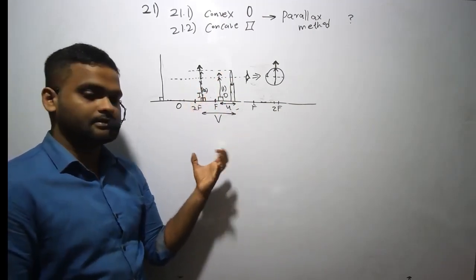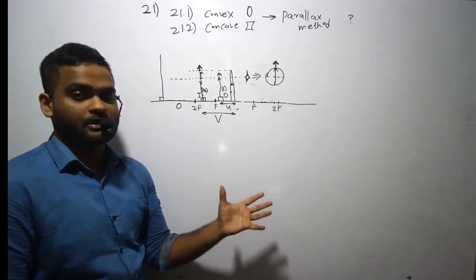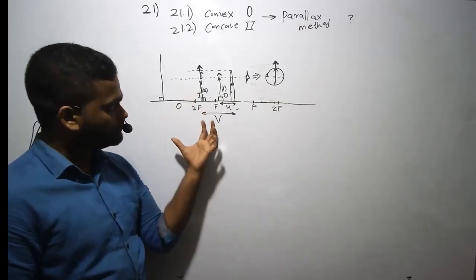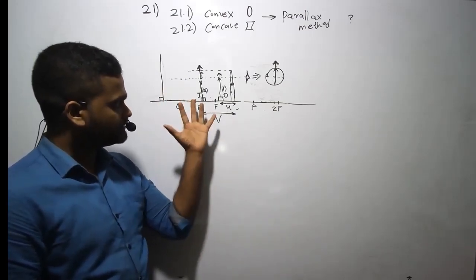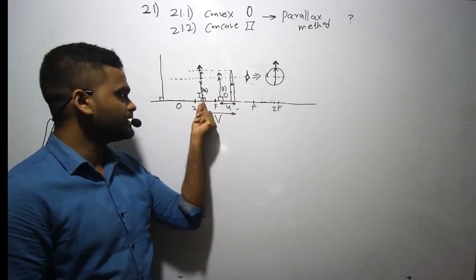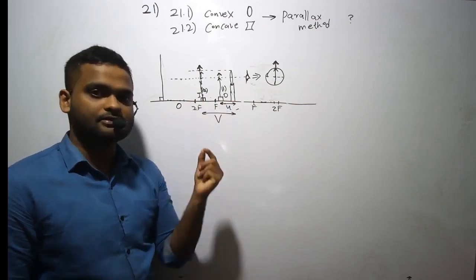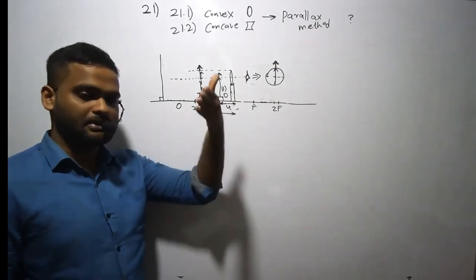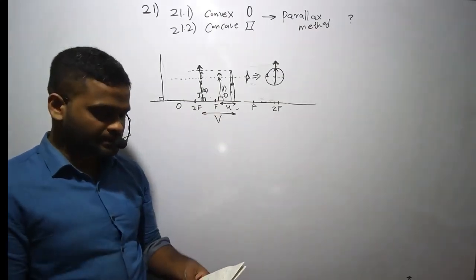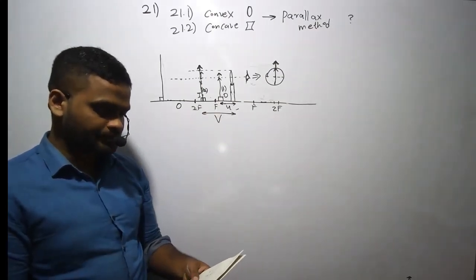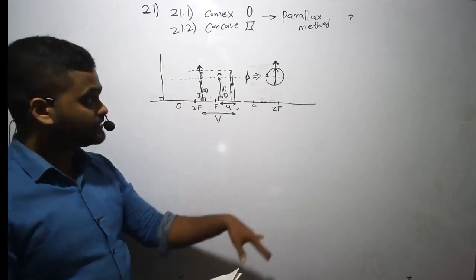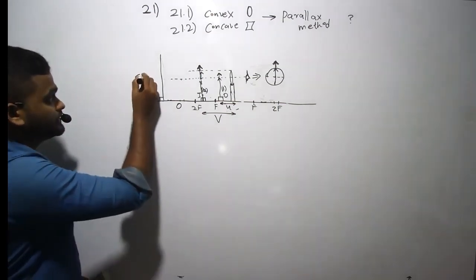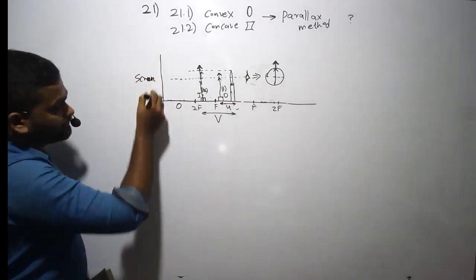I'll explain that at the second part of this experiment. So for now, still you can find the position of the virtual image using this method, right? There's a more creative method using a mirror. I'll explain that at the next part. Okay, you can take this down. So you have this screen here. Okay.